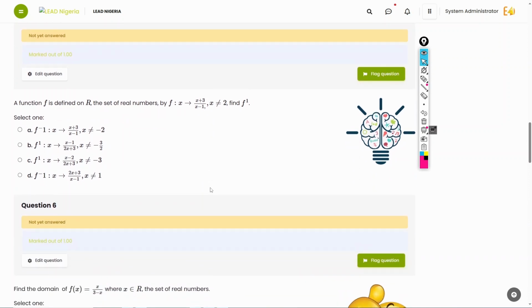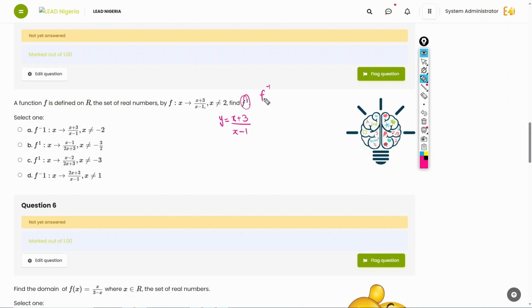All right, so the function f is defined on the set of R, which is all real numbers, as y is equal to x plus 3 over x minus 1. Okay, so this question is actually supposed to be saying find f inverse, right? So we'll correct that.